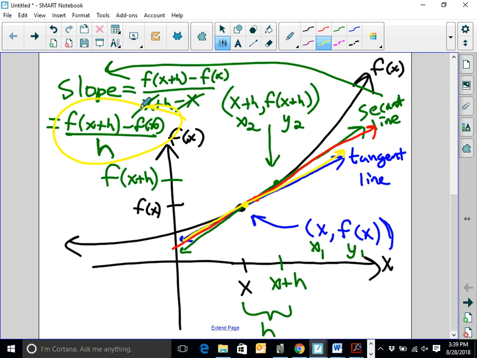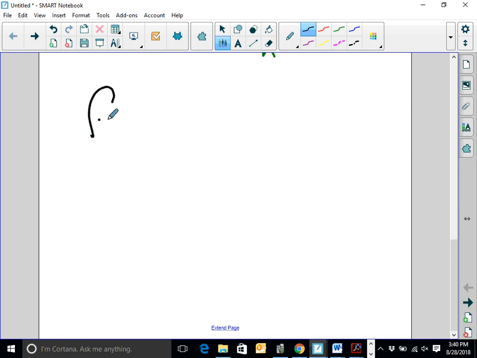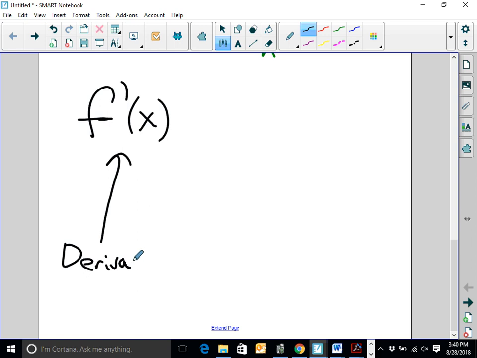Now I'm going to clean it up and write our definition of a derivative down below this graph. So here's what it looks like. That symbol there, f prime of x, is shorthand notation for the derivative of the function f of x.